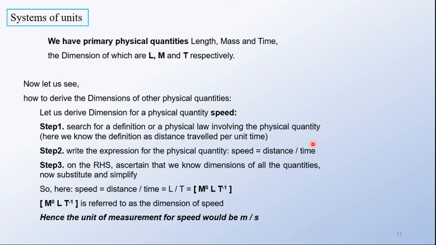Then on the right hand side, all the terms you should be having fundamental quantities. If there is something again a secondary quantity, you should be knowing in terms of primary quantity, and then afterwards you can derive the dimension of any physical quantity for a matter of fact.